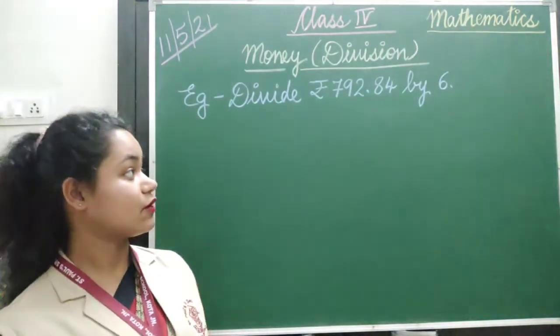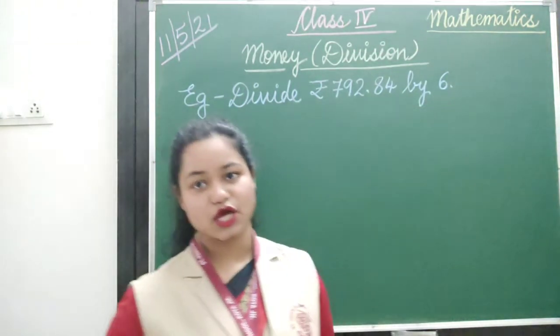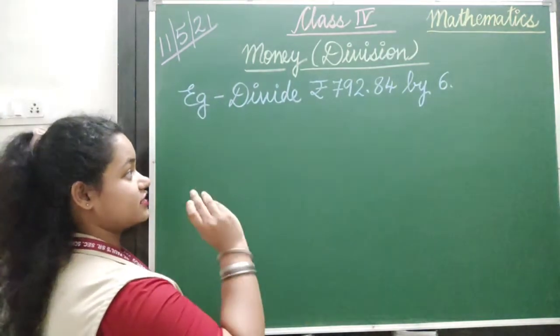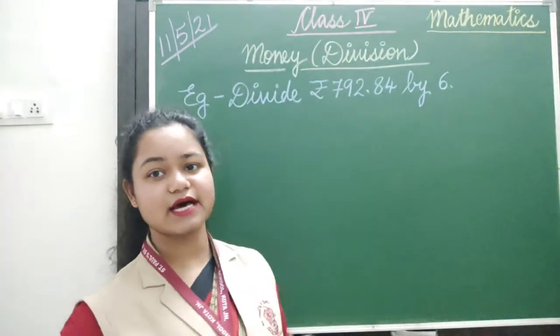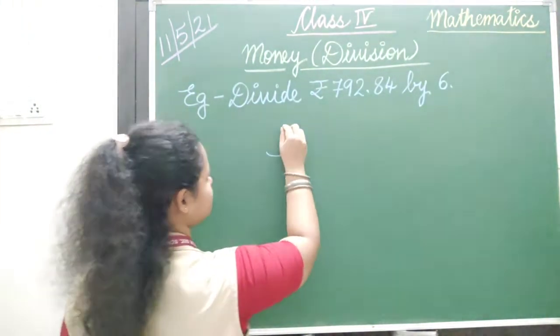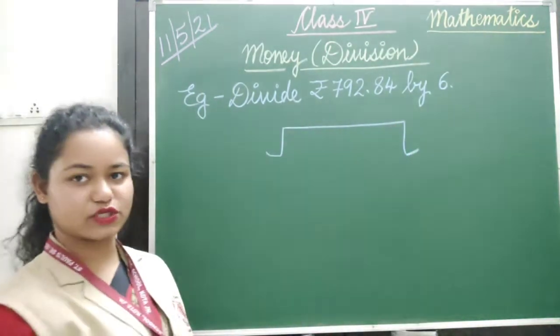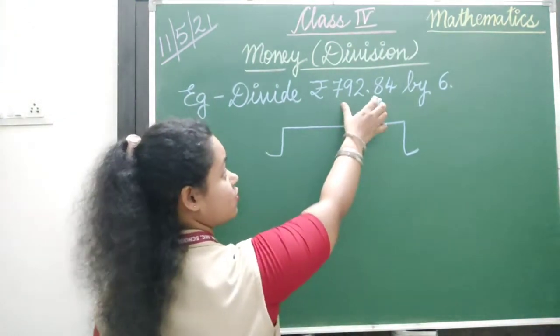Now we have to divide this by 6. So first, we know that we have to put the larger quantity inside the house. I am making a house. Now this is my house.